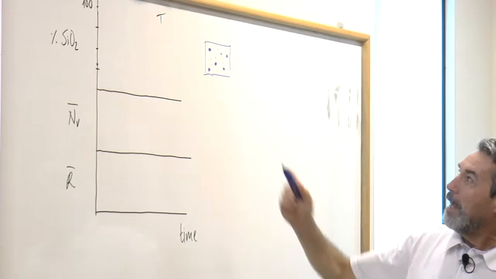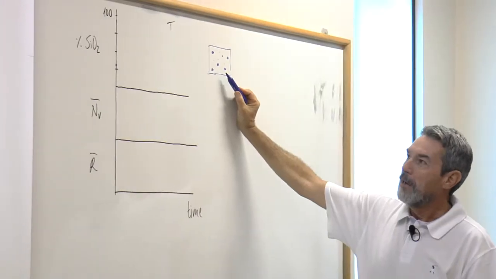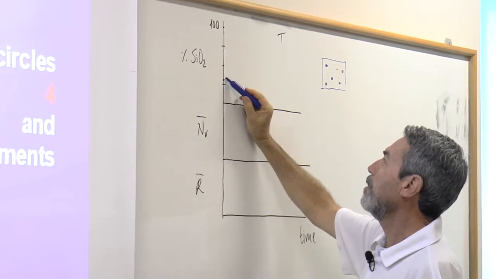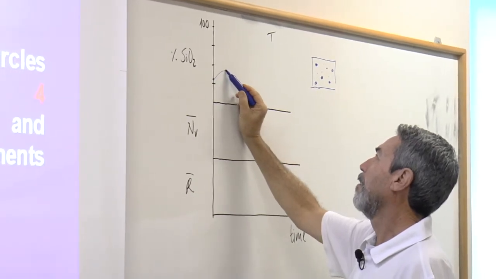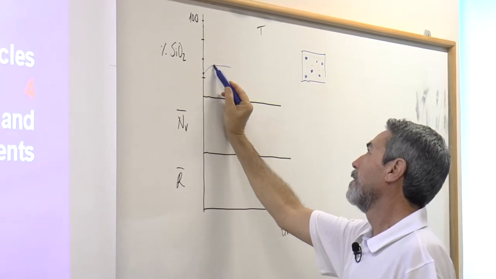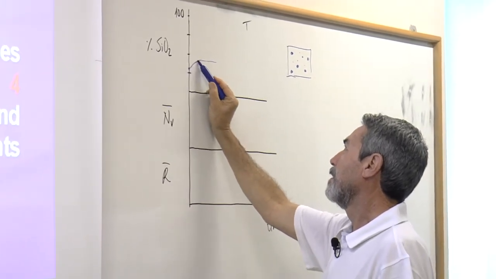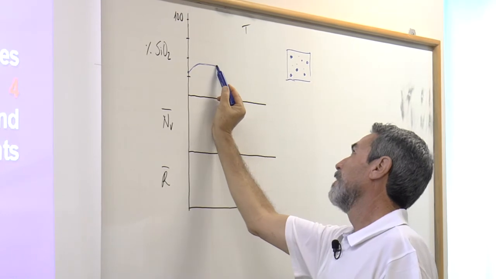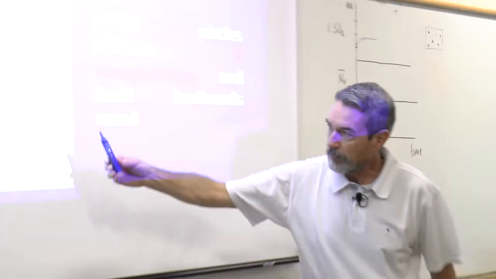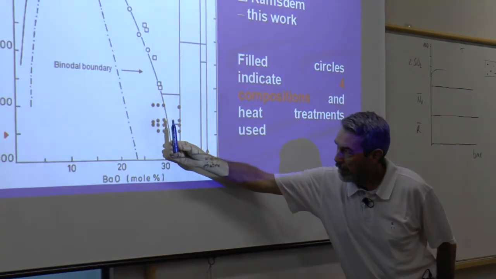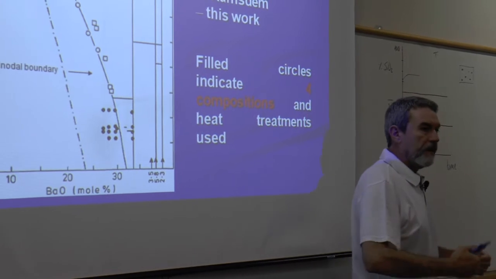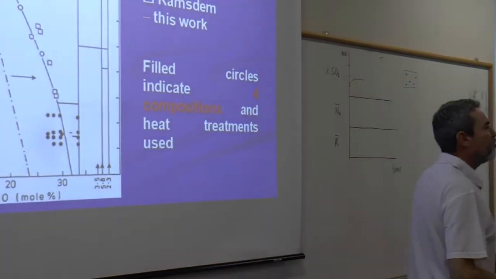So the matrix phase becomes poorer and poorer in silica. So there is an evolution here of silica until this composition here is reached. So the composition of the matrix changes with time.